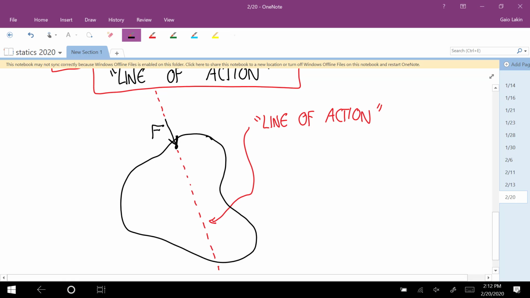So this force vector F anywhere you want along that dotted line. So you can say that that force is applied here or here or here. And this is sort of a weird thing, but you can even say that this force is applied to this object here, outside of where the object is, a mile away, as long as you stay on that line of action. It's just a mathematical thing, but the math, everything will be the same no matter where you move it. And sometimes that makes things a little easier.